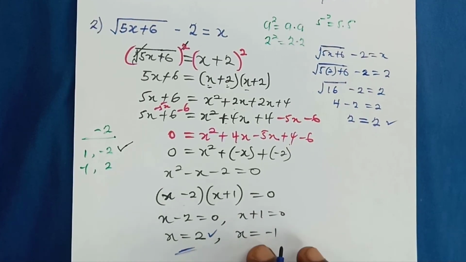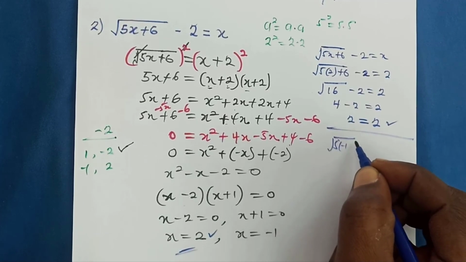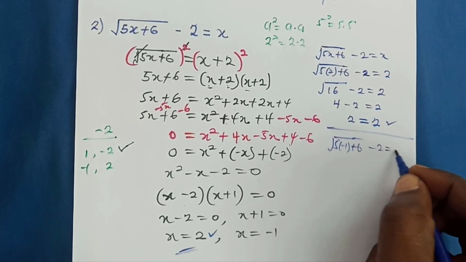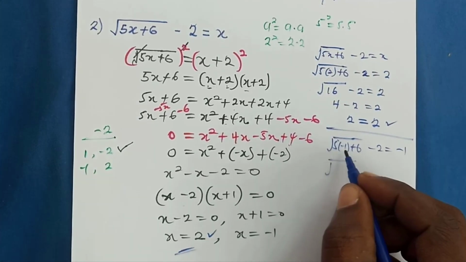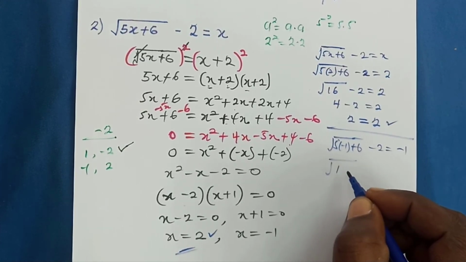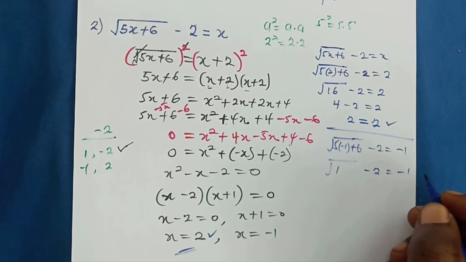Let's check for x is equal to negative 1. The square root of 5 times negative 1 plus 6 minus 2 is equal to negative 1. So we have 5 times negative 1 is negative 5 plus 6 will give me 1 minus 2 is equal to negative 1.